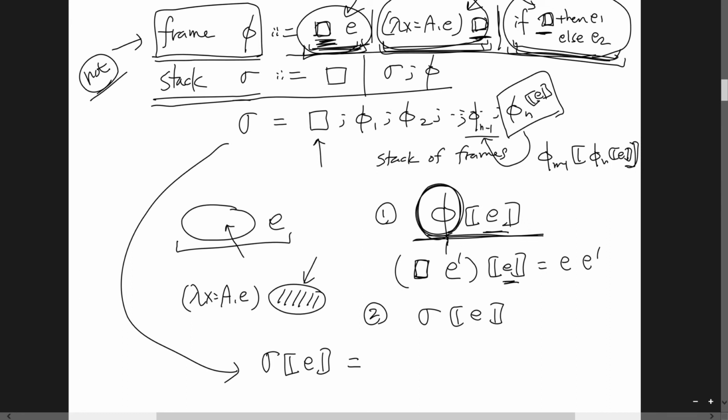Now you have a slightly bigger expression, and then you use this expression to fill the hole in the next frame, and so on, all the way down to this one.